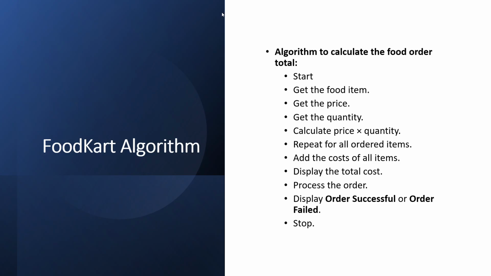Step 5, add all the costs together. Step 6, display the total amount. Step 7, process the order. Step 8, show whether the order was successful or failed. And finally, stop. This is an algorithm. It gives us a clear sequence of steps for solving the problem.